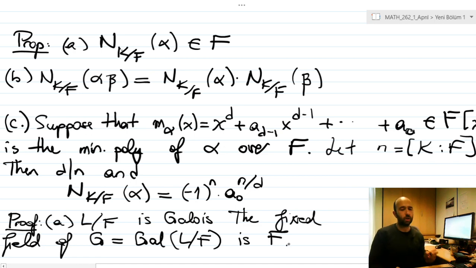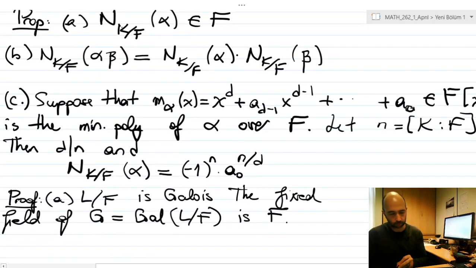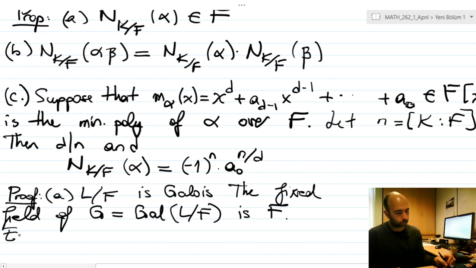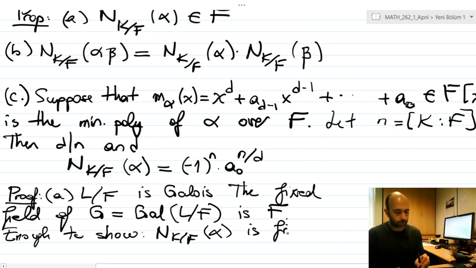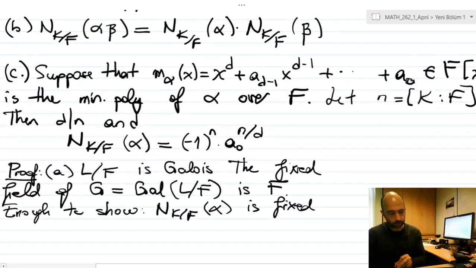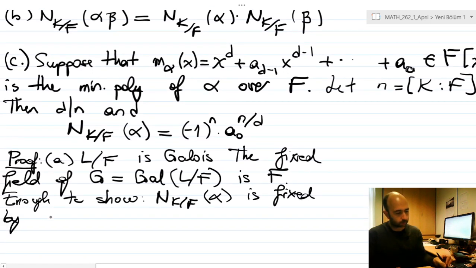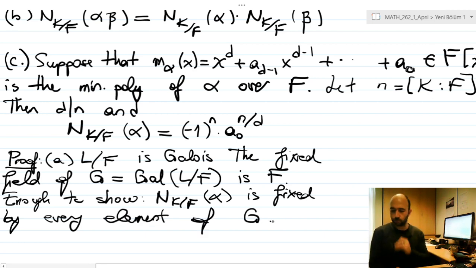So if you want to show that something belongs to the base field, it's enough to show that it is fixed by every element of G. So let's do that.